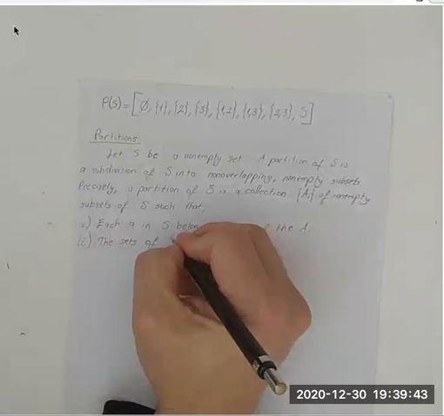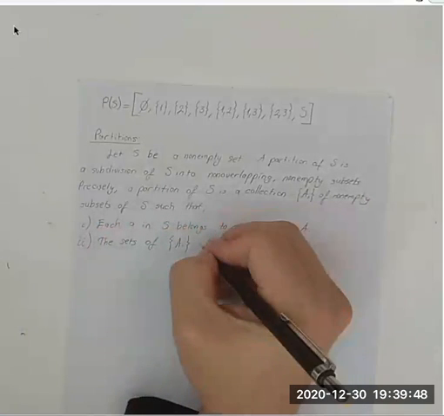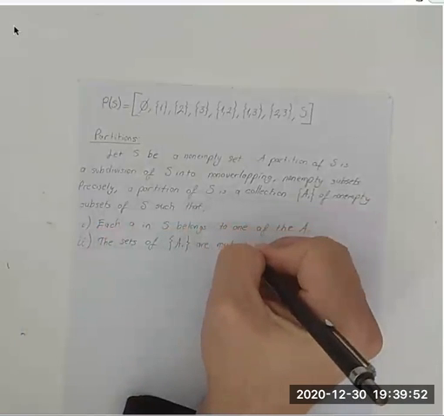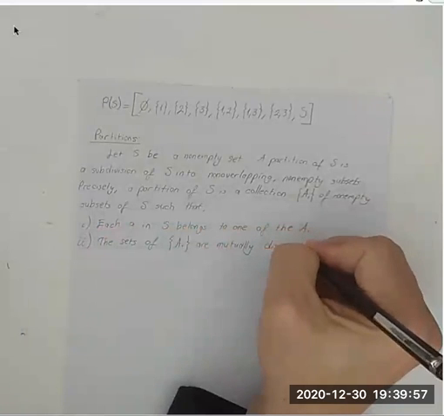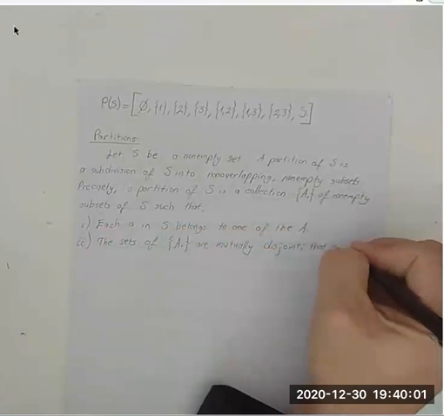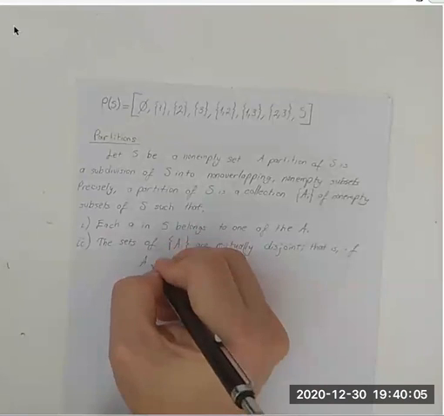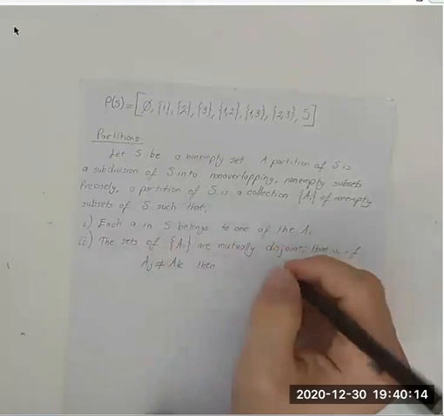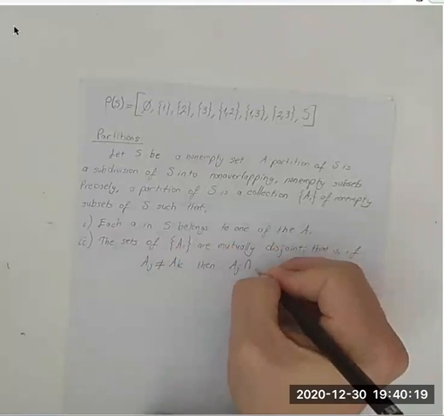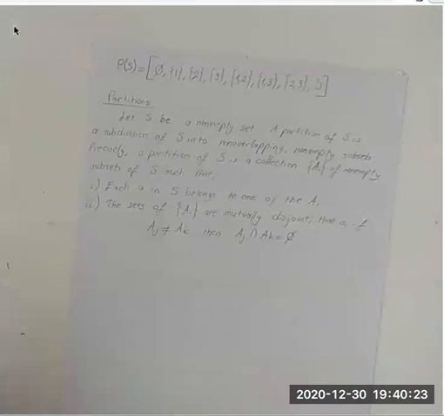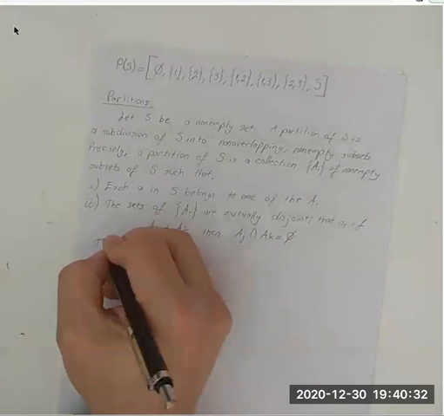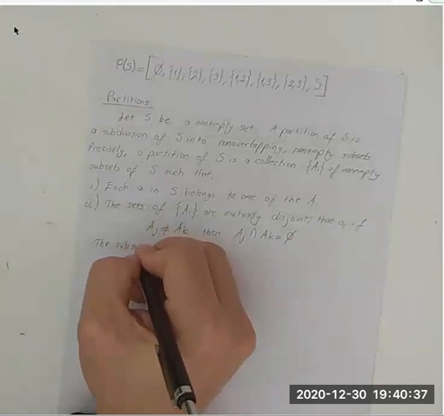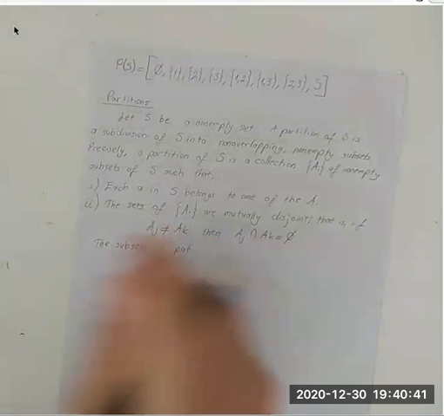The subsets in a partition are called cells. And a Venn diagram of a partition of the rectangular set S of points into 5 cells like A1, A2, A3, A4, and A5.